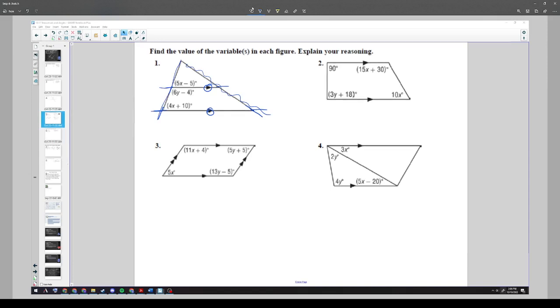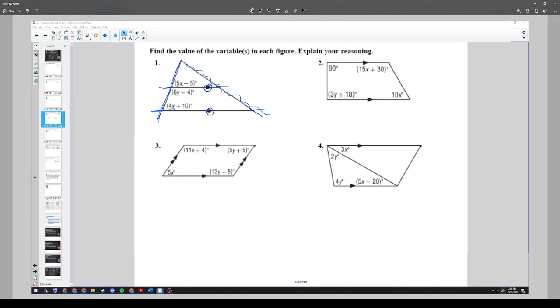So looking at them, I see these two are interior angles, and there's an x and a y. So I want to try to make a relationship that only includes one variable. So I have some x's here and some x's here, and the relationship between these two, since this is my transversal, I have two corresponding angles.